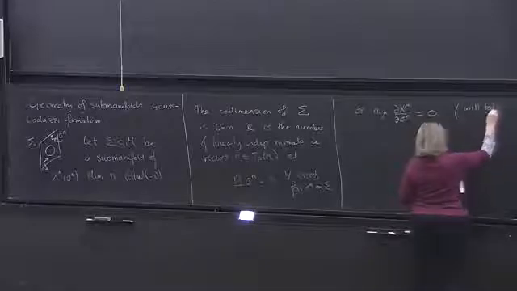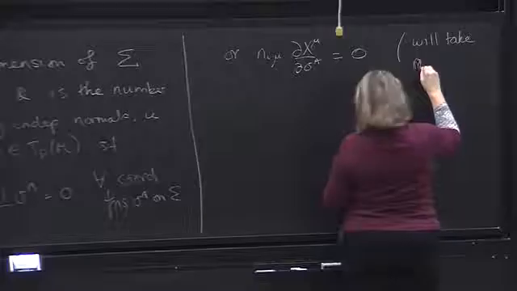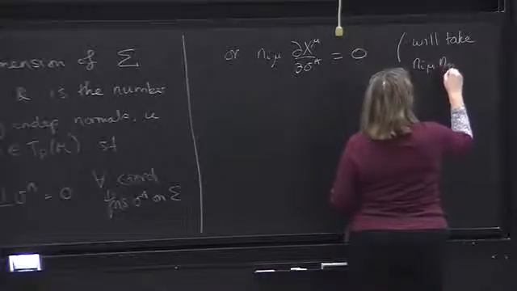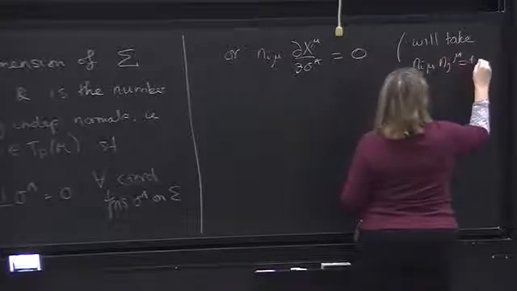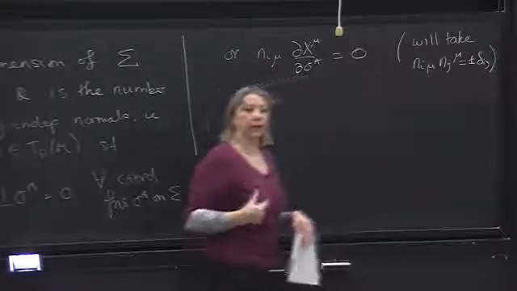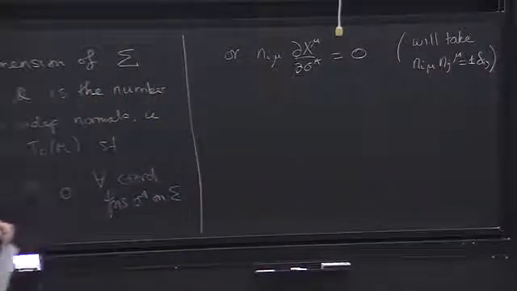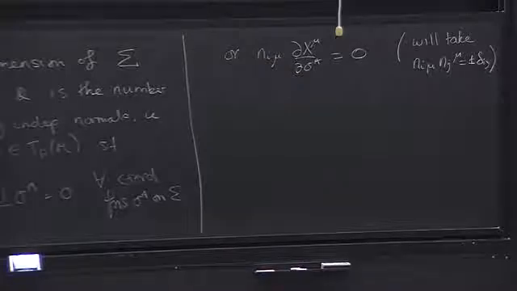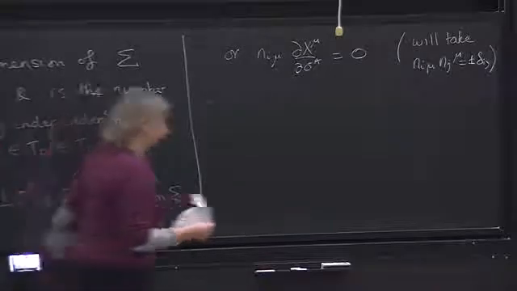So for simplicity, I'm going to choose my normals such that not only are they linearly independent, but they're mutually orthogonal. This is, of course, assuming we've got a metric on our manifold, although that statement doesn't need it.